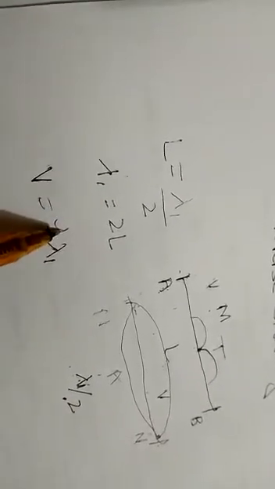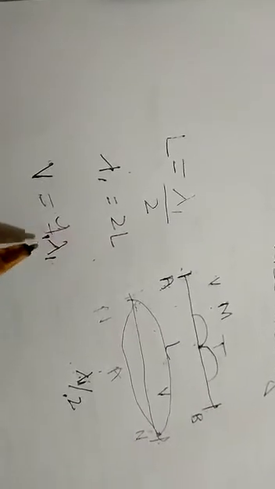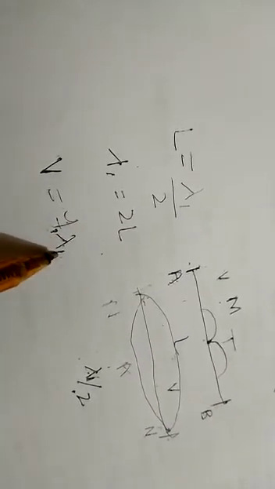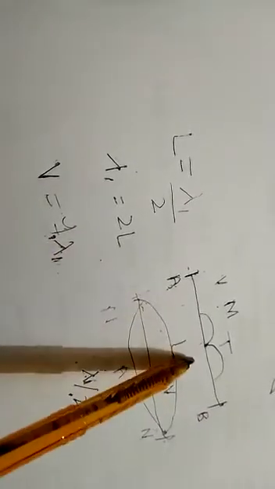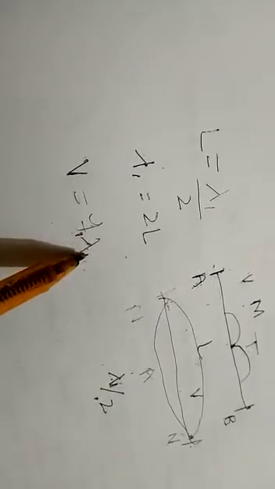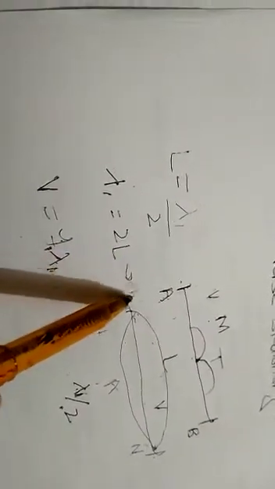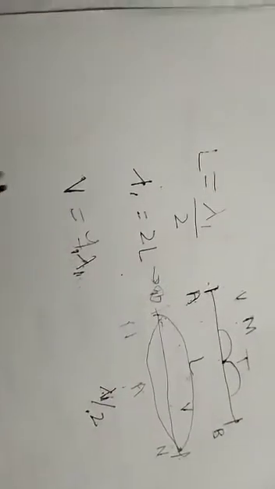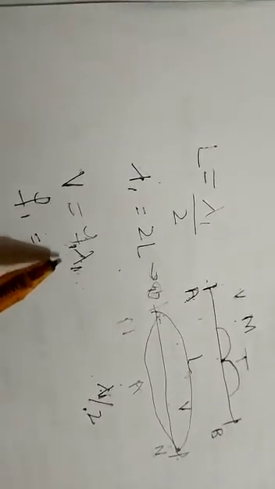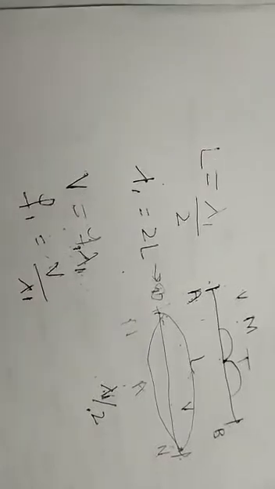So by the relation v is equal to f lambda, we can write the equation for speed. Here we take f1 and lambda 1 for the first case. This frequency f1 and lambda 1 is the wavelength for the first case when we clamp that string at the central point. If we write the expression for frequency, then from this equation, call it 1, we can write f1 is equal to v divided by lambda 1.